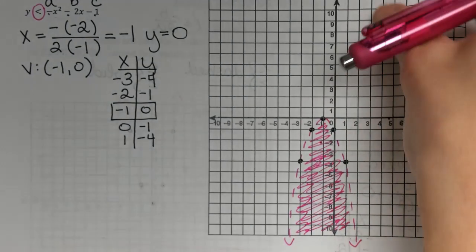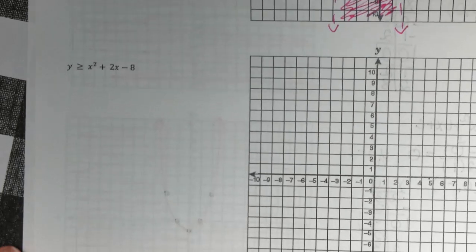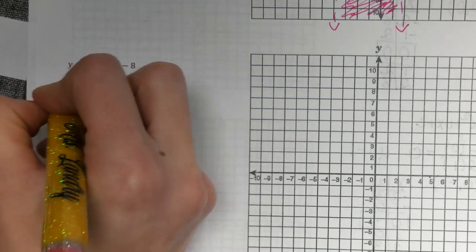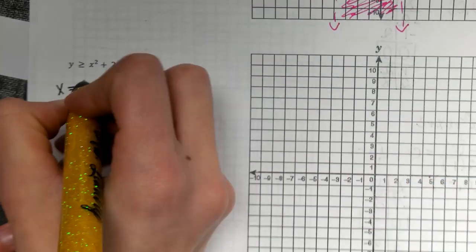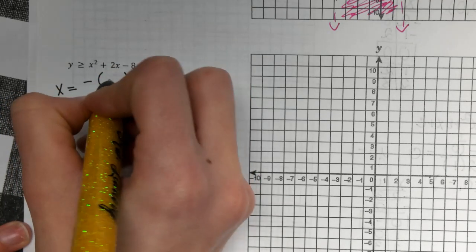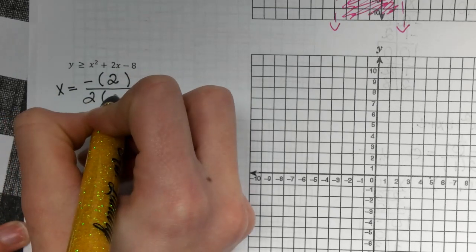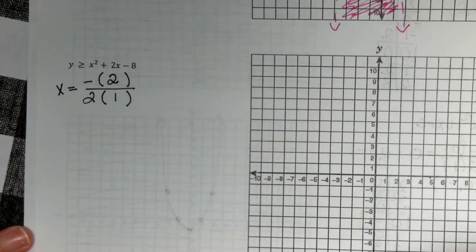So the next example, I've got y is greater than or equal to x squared plus 2x minus 8. I'm going to do the same steps for the x value of my vertex. I'm going to have a negative, and my b value is what? 2, all over 2 times my a value, which is 1.